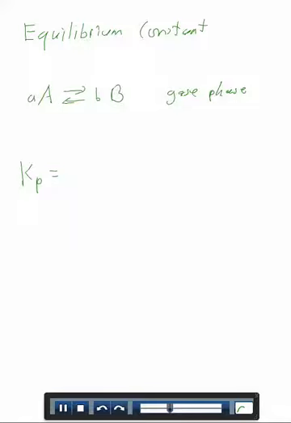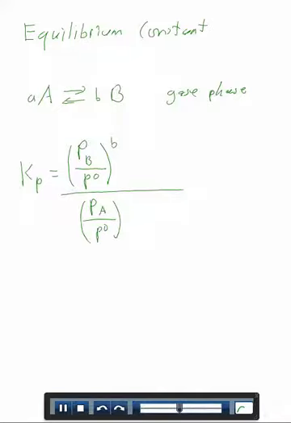So we can write this as the pressure of product B, we're going to divide by a standard pressure, and we'll raise it to the B power. That's a way of multiplying them all together. And then we have the pressure of the reactant A divided by a standard pressure raised to the A power. So this is the equilibrium constant.